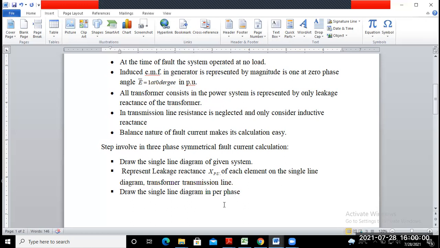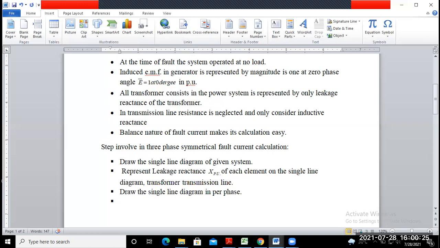Okay. Next, we have to evaluate the equivalent reactance of the system. And you know how we can find the equivalent reactance, whether series or parallel.